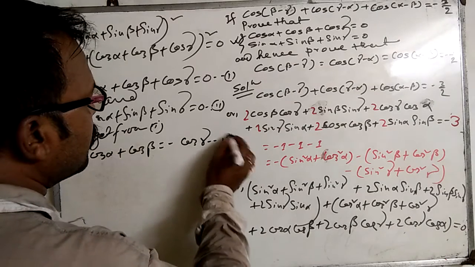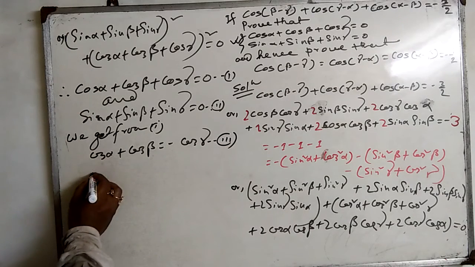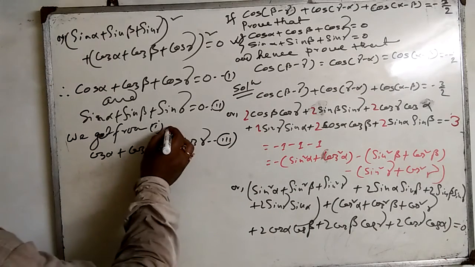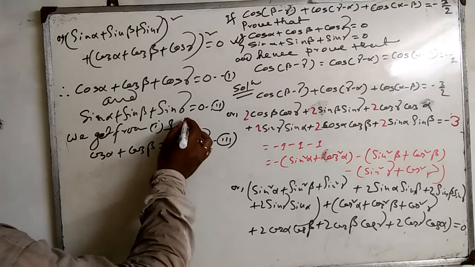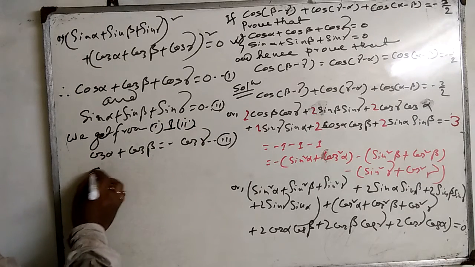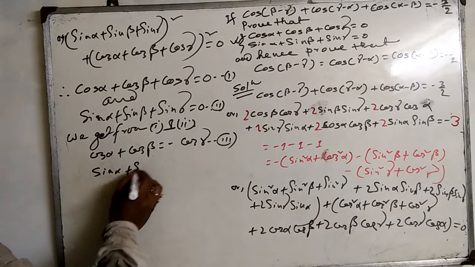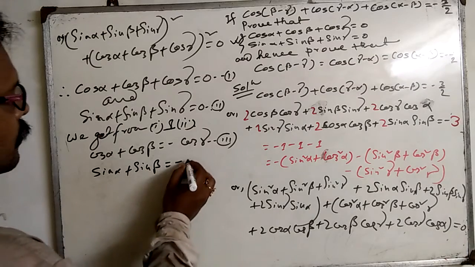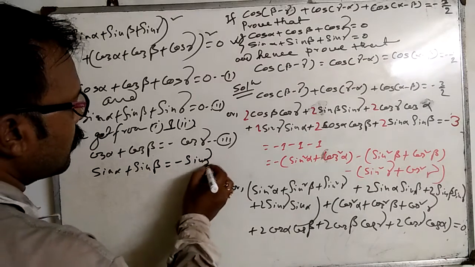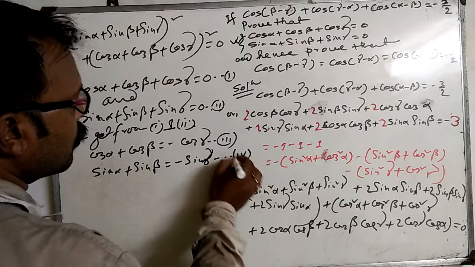We can write this as 3. And from 2, sin alpha plus sin beta equals minus sin gamma, this is 4.